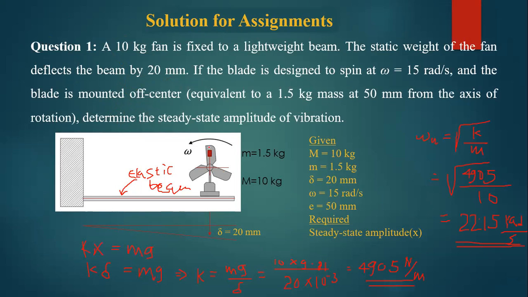This small eccentric mass is considered as 1.5 kg, and it is 50 millimeter away from the center of rotation. The forcing comes from this mass. The force amplitude F naught equals this small mass m times its acceleration in this direction, and that acceleration is omega squared r, the radial acceleration of this mass.